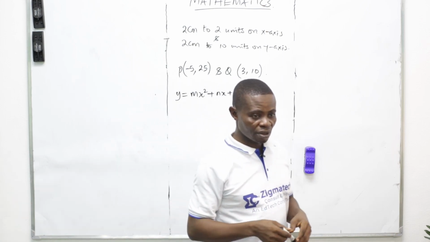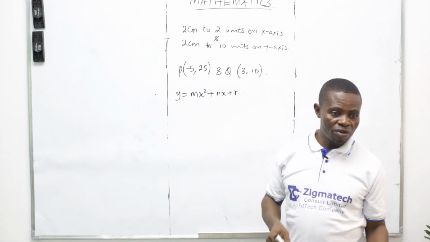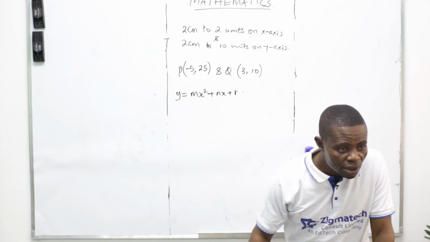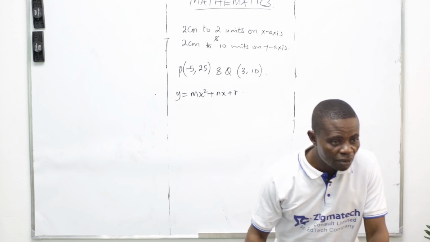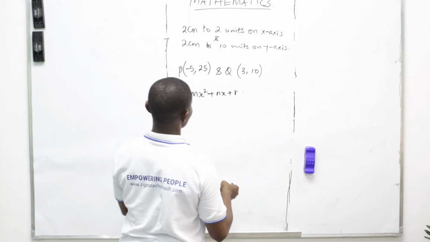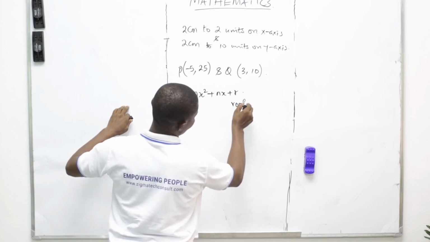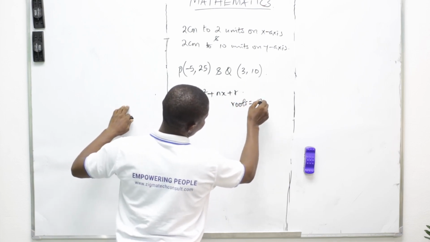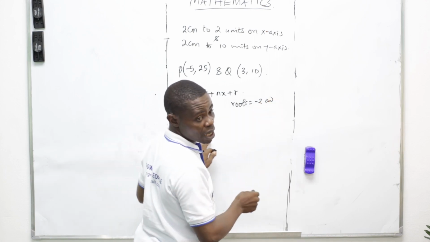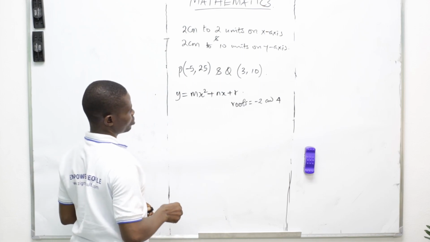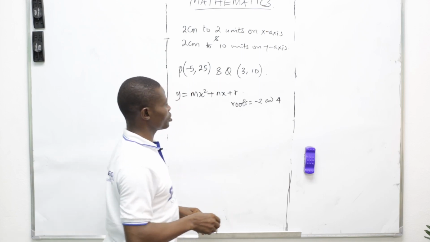When we have this, the roots of the equation here are minus 2 and 4. Let's keep the roots of the equation aside. The roots of this equation: x equals minus 2 and x equals 4.